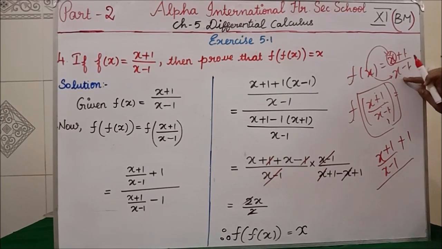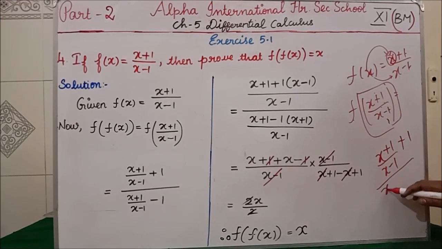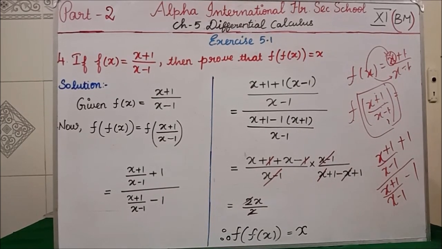Instead of x what am I going to substitute? This value. So I am going to write x plus 1 divided by x minus 1. After this, minus 1 I am having, I am writing. Clear all of you? Here x means x in the question also. In f of, inside, instead of x, whatever value you are having, that value you have to substitute for x. Clear? This step, how it came, all of you are clear?